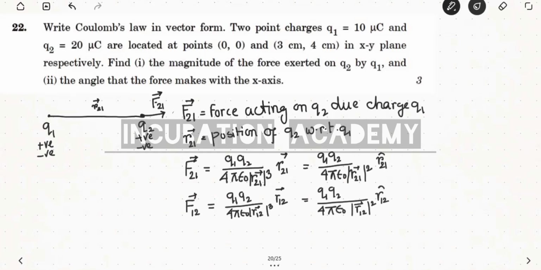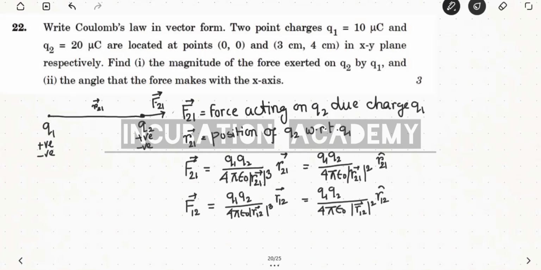Depending on the nature of the charges, if one is positive and one is negative, then the directions will change, the magnitude remains the same, and the vector expressions will change depending on our considerations.